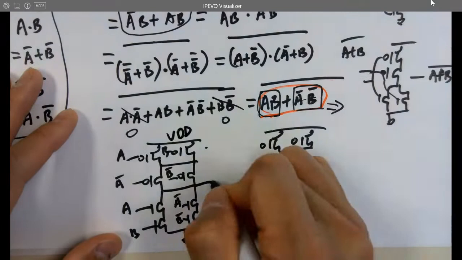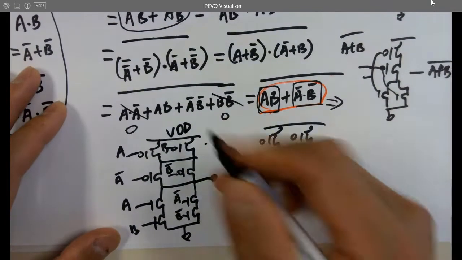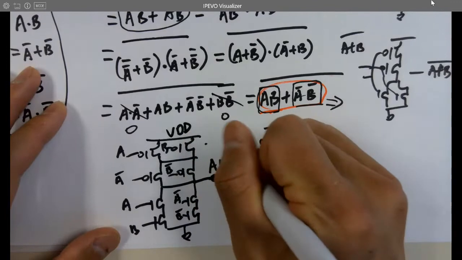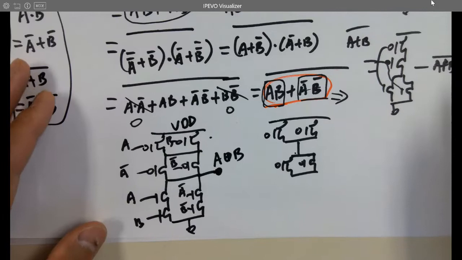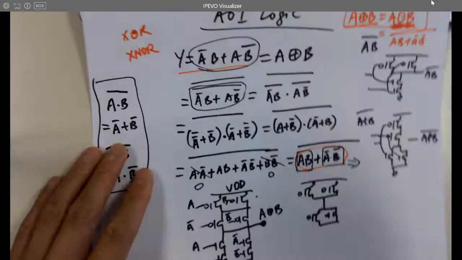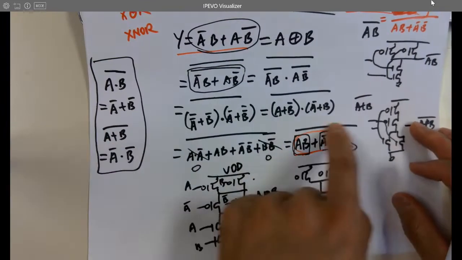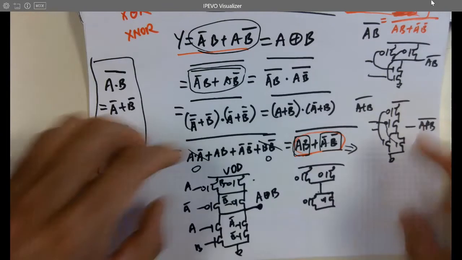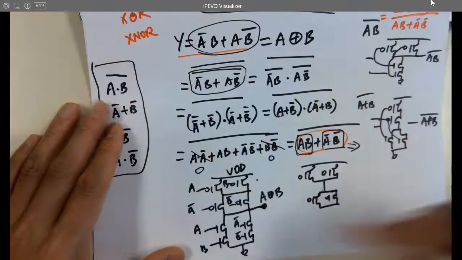So now I want to ask you guys if this one is A, B, or A not, B not, or do you need to invert it one more time? Take a look at it. That's it. Yeah, because they have an inverter on top, which is perfect. And we are forming this logic by looking at these two, right? And there's a bar on the top. So we don't need to invert it.